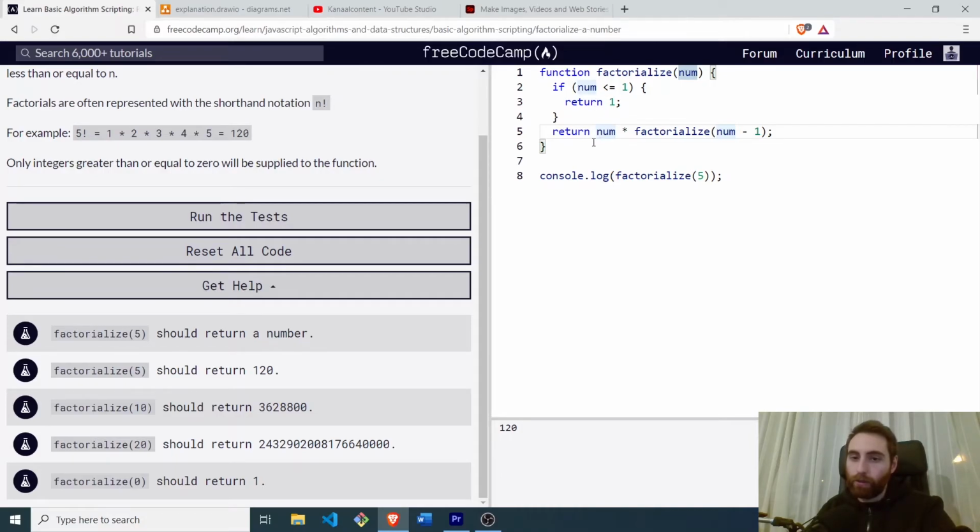In total it's gonna be 5 times 4 times 3 times 2 times 1, and that's why it works. So 3 and 10. And then we have 0, we should return 1.